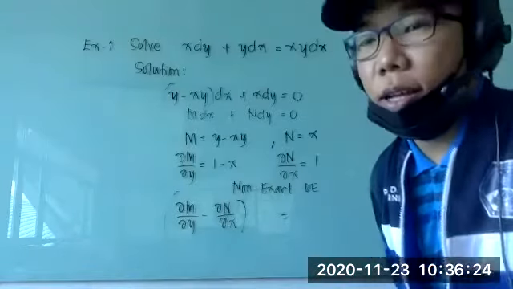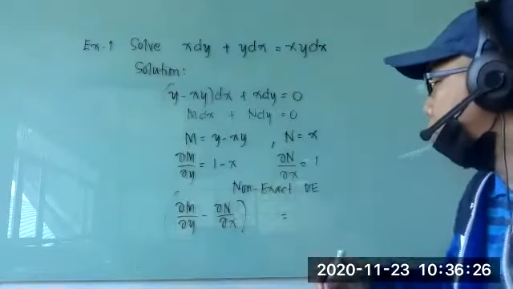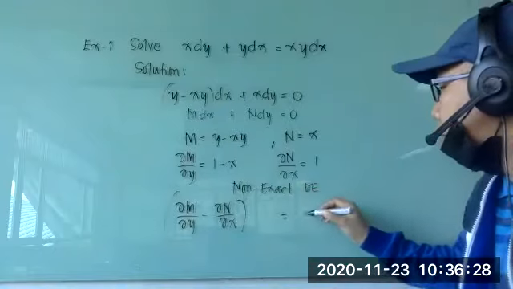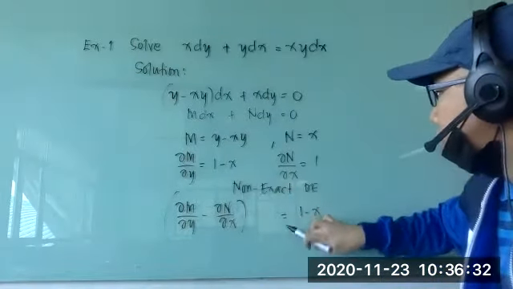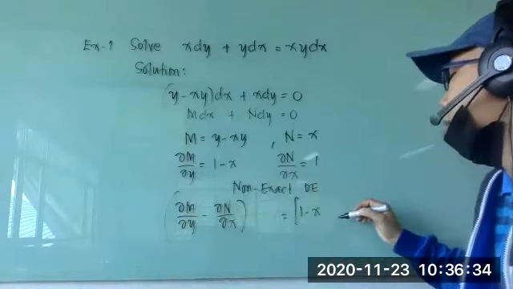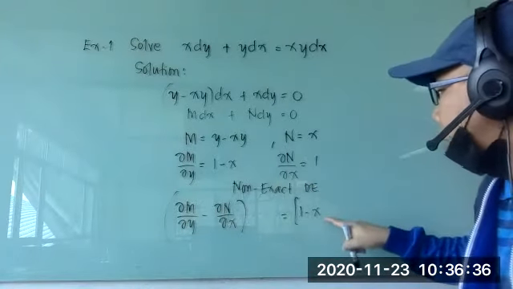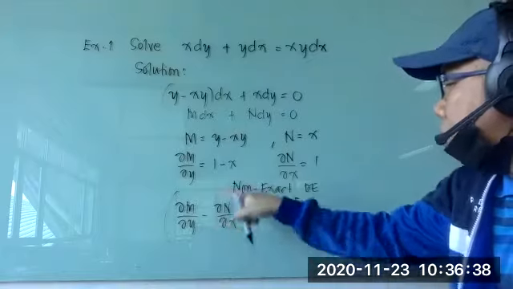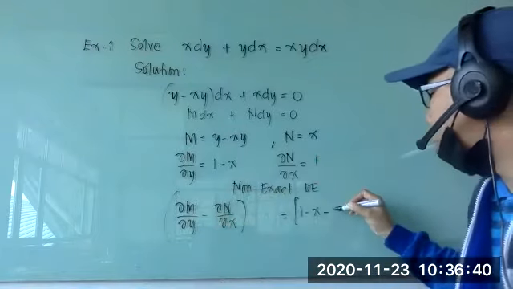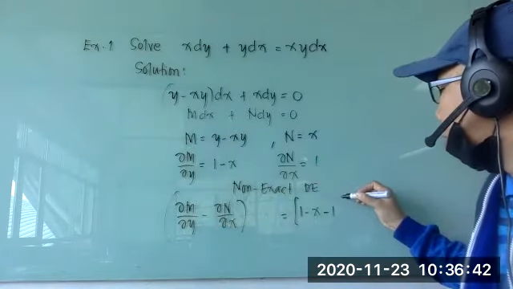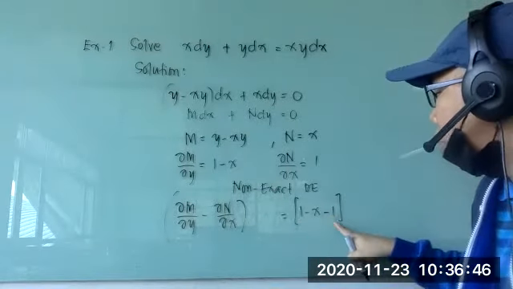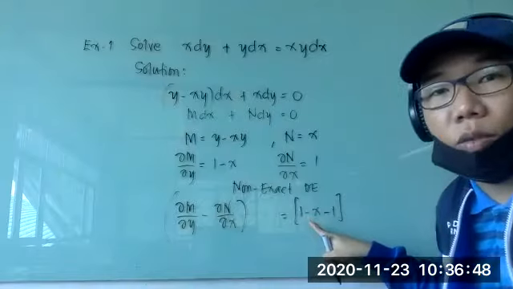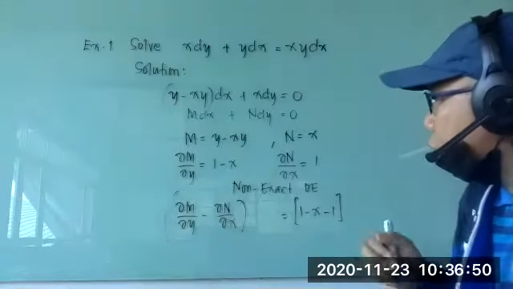Huwag nyo munang lalagay yung kung ano di-divide mo. So, here, you have 1 minus x. Okay. Tama. 1 minus x minus this partial derivative, and that is 1. Okay? So, anong result, guys? 1 minus 1, 0. So, negative x. Okay. So, negative x yung result niyan.